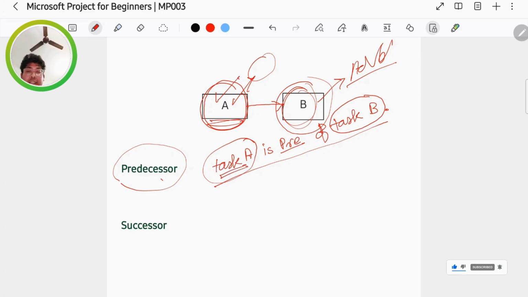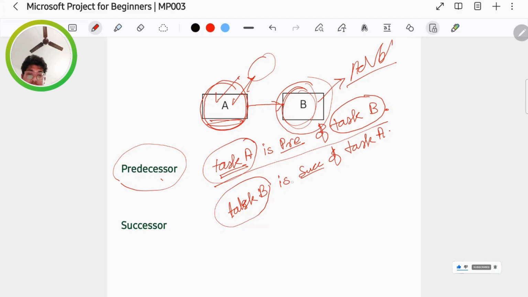Now suppose we say that task B is the successor of task A. That means task B can only start once task A is done. So this is the logic.